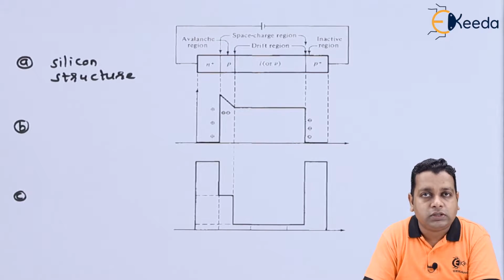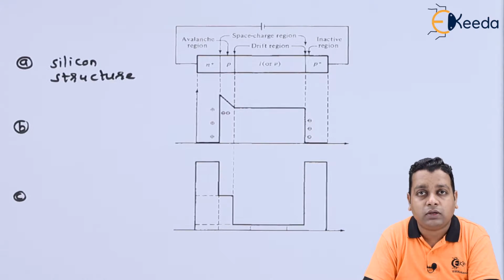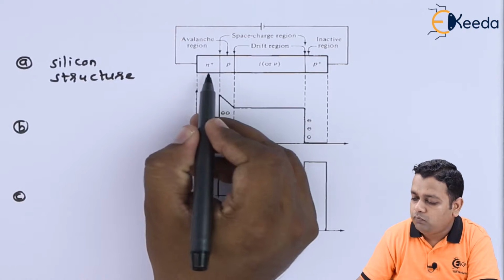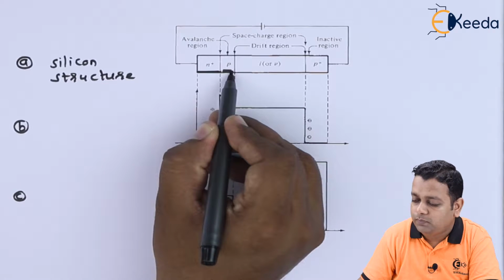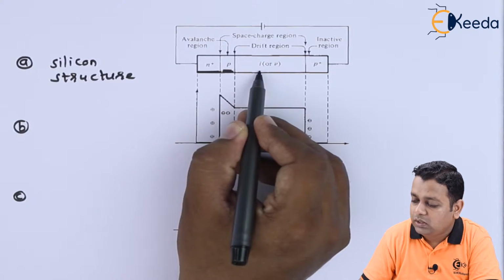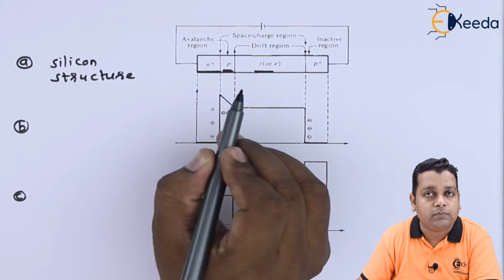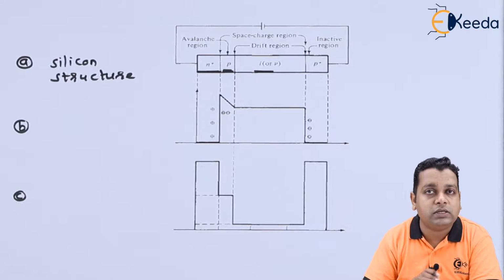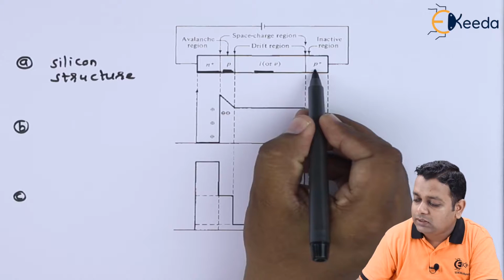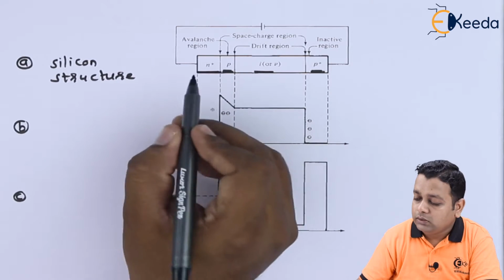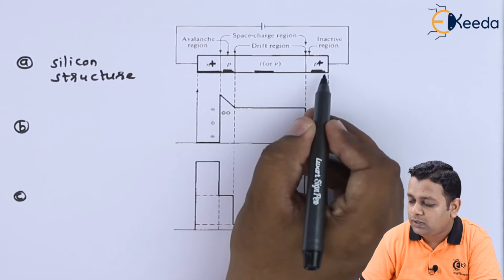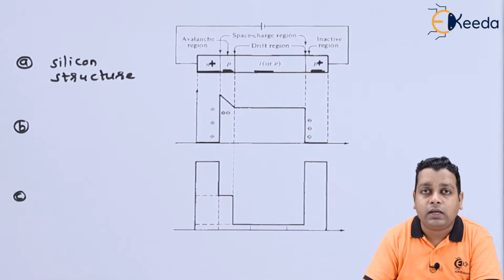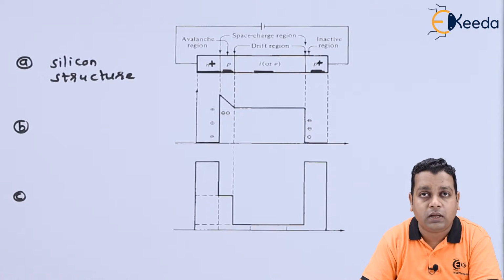Out of the general types of semiconductor materials for the Read diode, we have four regions. First, N plus, which has a junction with the P. The P has a junction with the I, also represented as V, the intrinsic type of semiconductor. And lastly, we have the P plus region. The subscript plus on the N at the left-hand side and the P at the extreme right represents heavy doping of these regions.